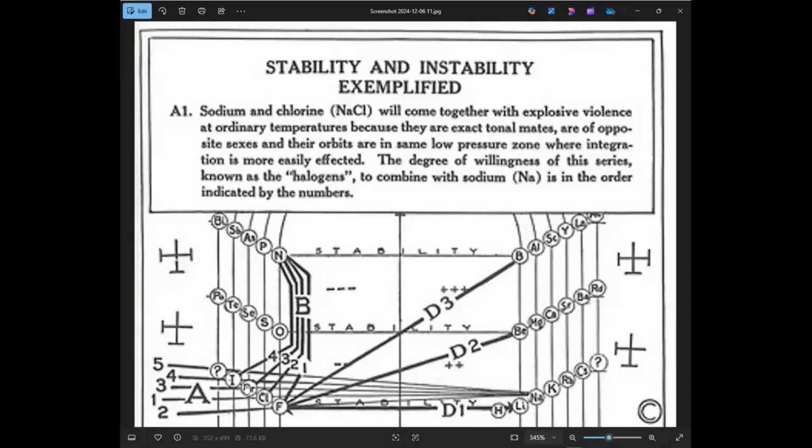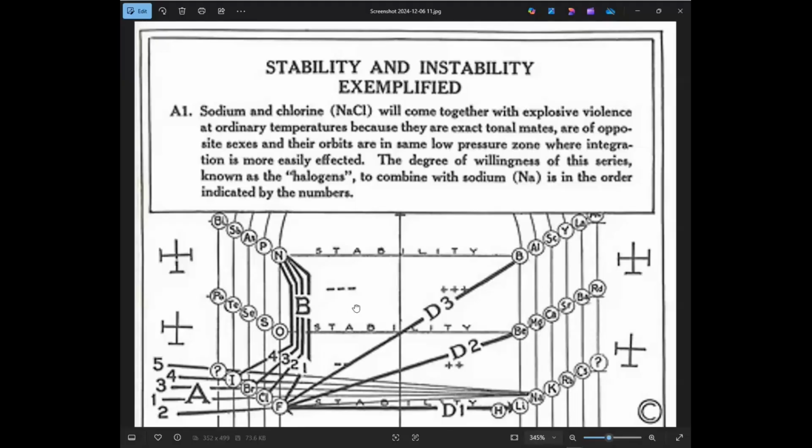Bromine is a higher octave. So the farther the octave gets away, the less they're going to want to go together. And then the last one he did was even if the sex is wrong, they can still try to get together, but going farther apart in octave will make them want to go farther apart.